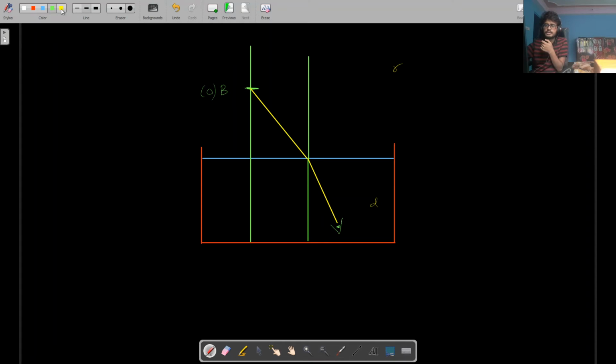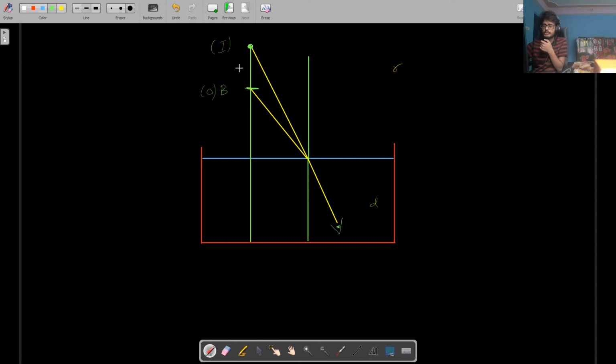Now since the fish is looking straight up, this light ray will not look bent to the fish. The fish will see the bird somewhere here. So this will be the image of the bird. Somewhere here.